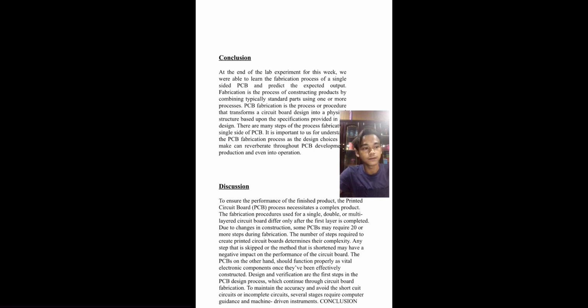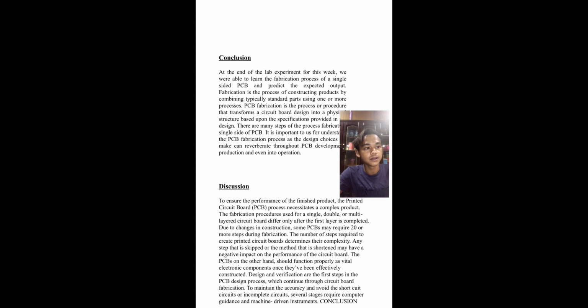Okay, for the conclusion, at the end of the lab experiment for this week, we were able to learn the fabrication process of a single side PCB and predict the expected output. Fabrication is the process of constructing a product by combining typical standard parts using one or more processes.